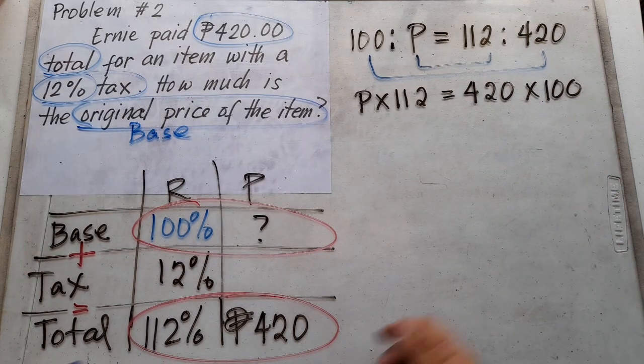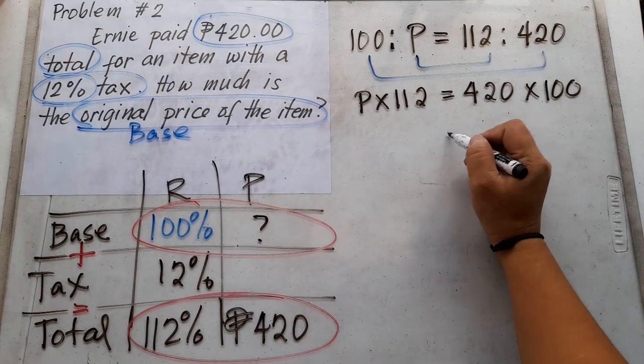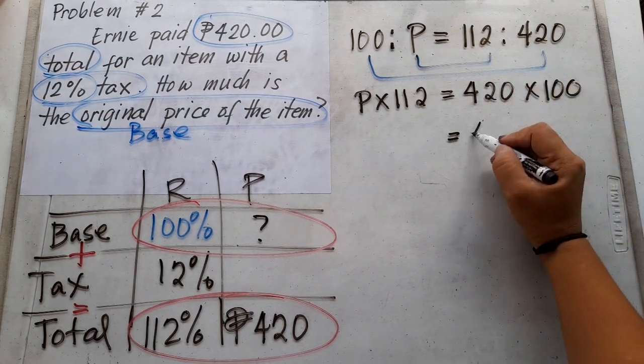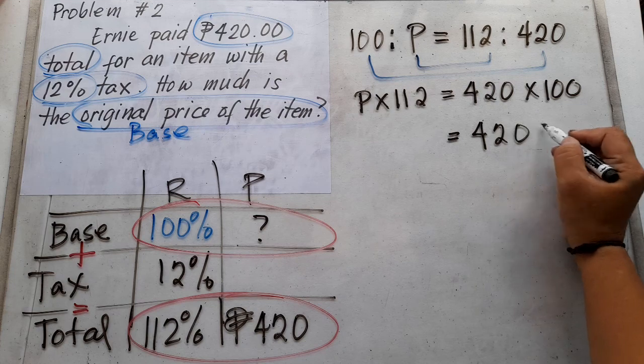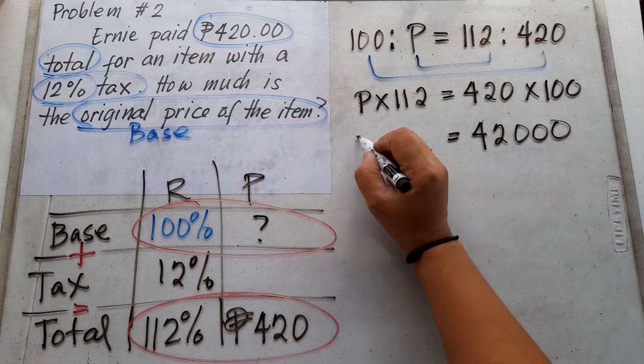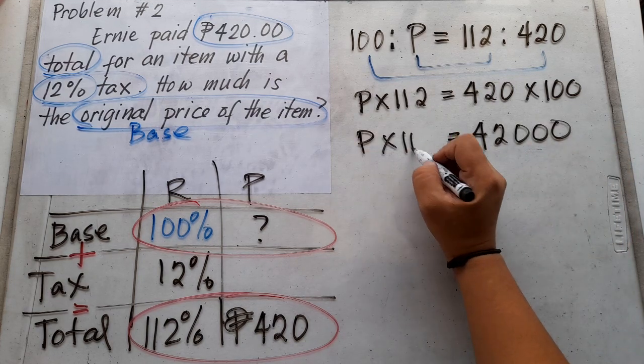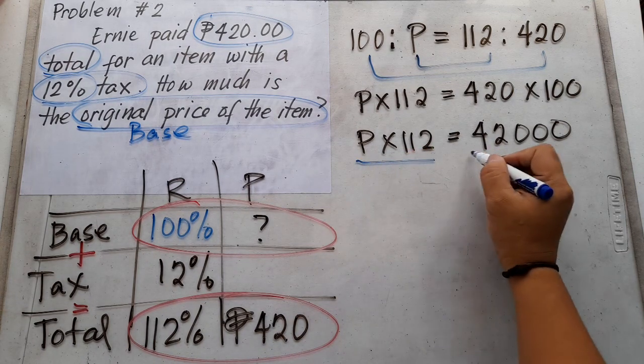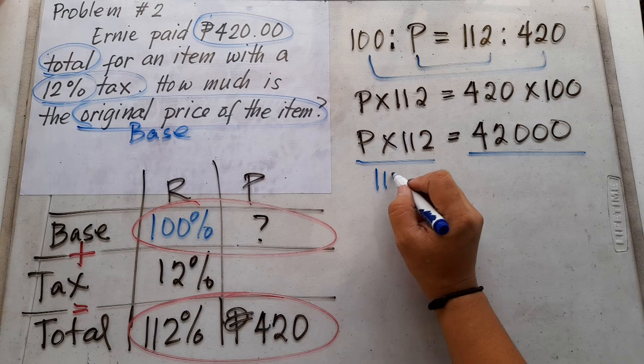Kasi commutative ang multiplication. Okay? So, 420 times 100, tatlong zero yan. So, we have 42,000. And that is P times 112. Our divisor for the whole equation will be 112.